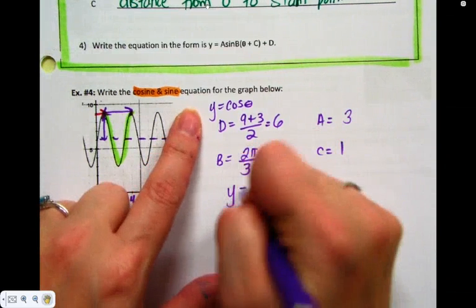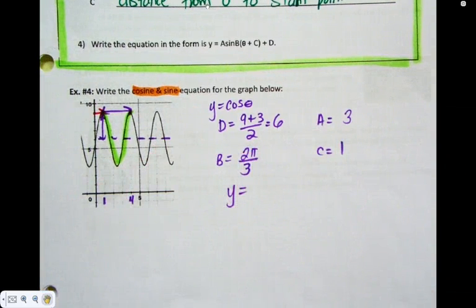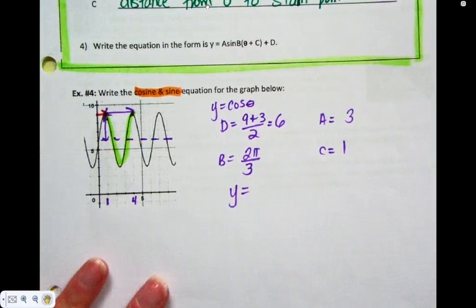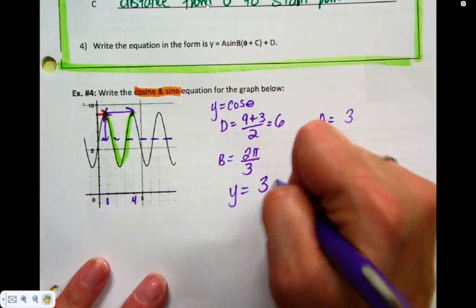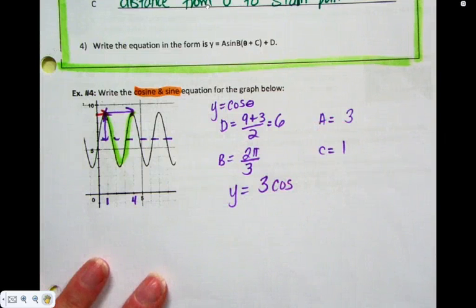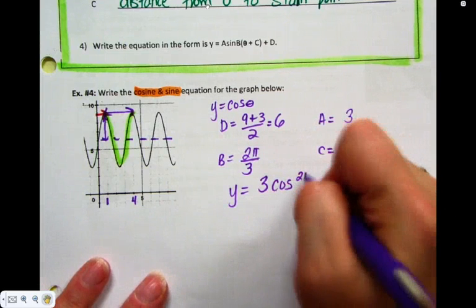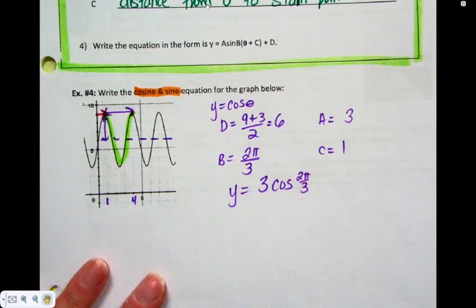Don't forget your y equals. Which of these letters comes first? And then? Before the B, I need something. I need cos. And then? Bracket or no bracket?